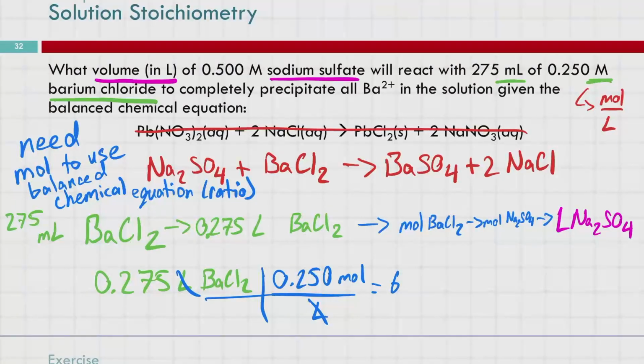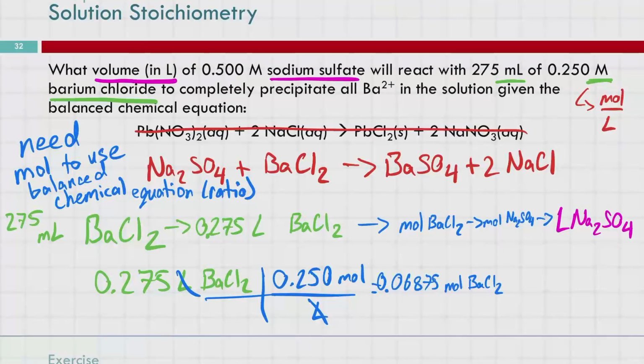So 0.0675 moles BaCl2. What is our ratio between barium chloride and sodium sulfate? 1 to 2.